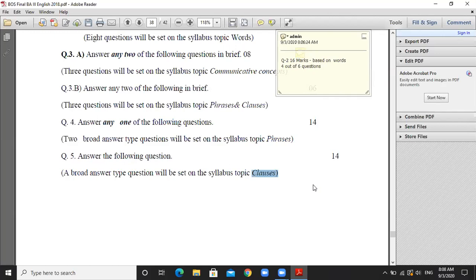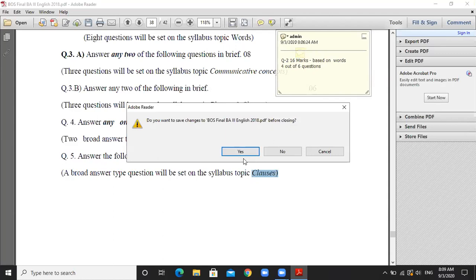Actually, questions are not difficult or easy. It is people who are difficult or easy. Do you agree? Questions are questions. They are similar to each and every person. People are different. Questions are the same. Right. So question number 5 is for 14 marks. So this is the pattern of the question paper. Right.